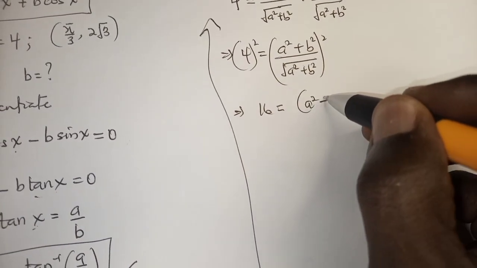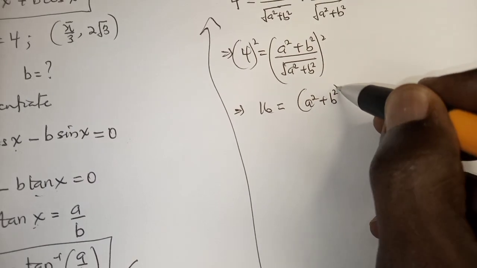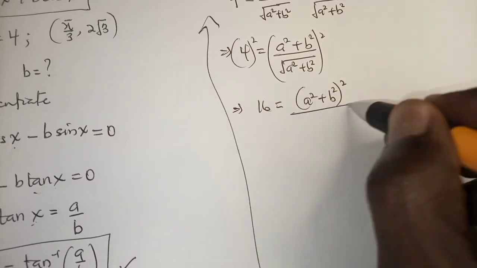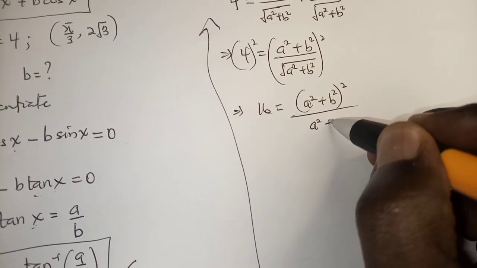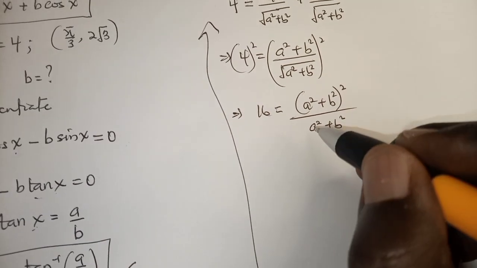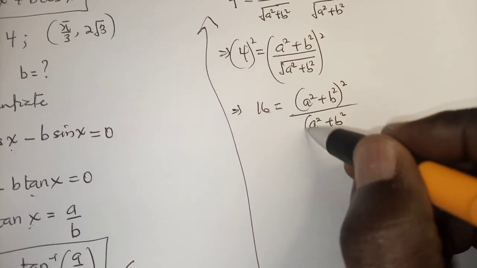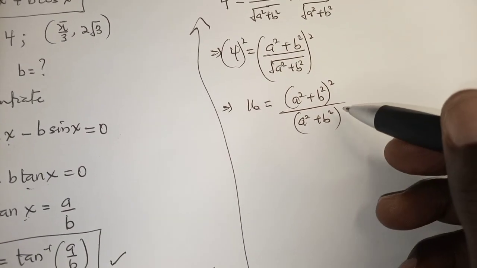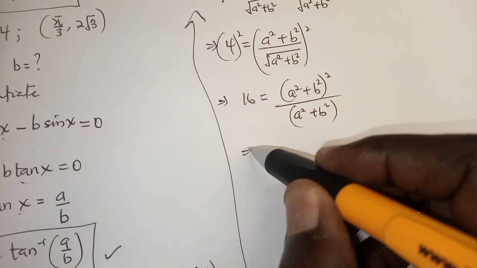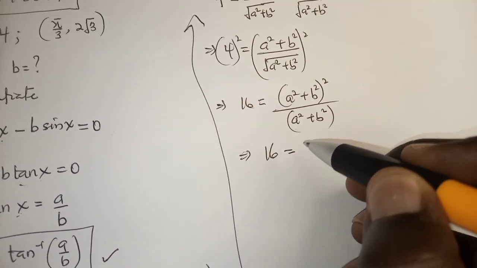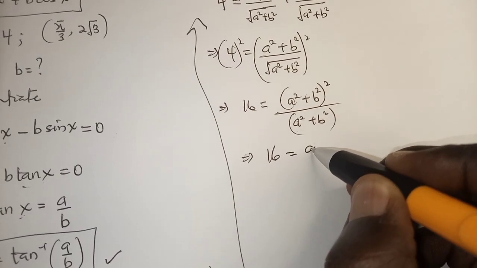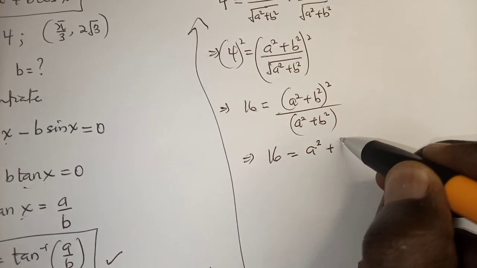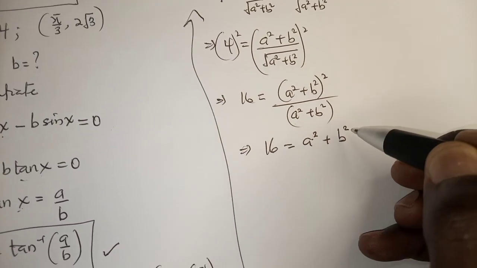A square plus b square all squared on a square plus b square. Now this looks similar to this, so you can even put it in brackets. You apply the law of indices, so the power reduces. So you have 16 equals a square plus b square.